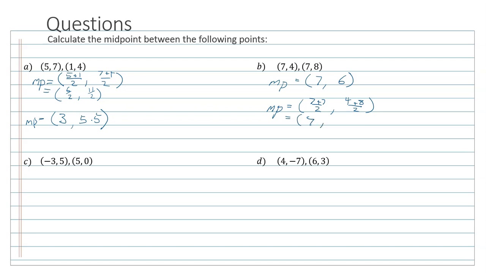And then 4 plus 8 is 12 divided by 2. 12 divided by 2 is 6. So our midpoint in this case is 7 and 6, as we conjectured up here.